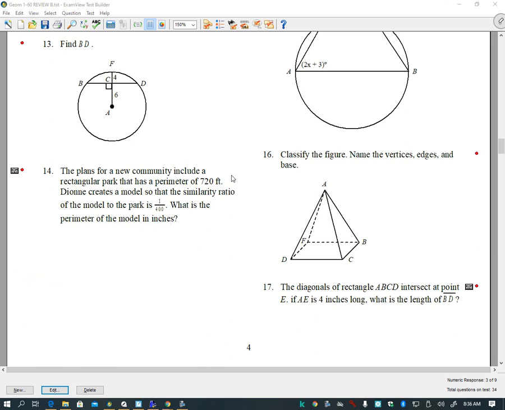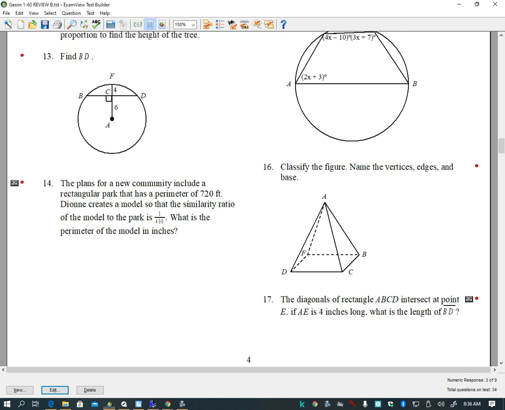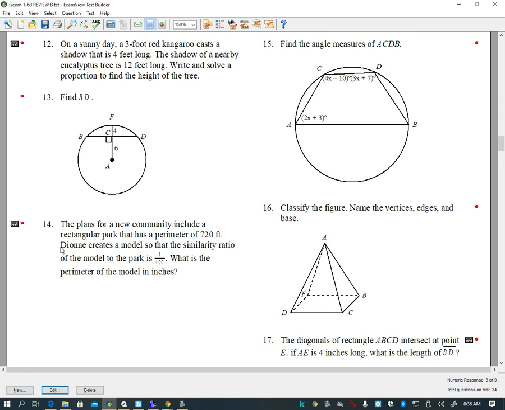Okay. Let's move up to 14. 14 says find the angle measures of ACDB. All right. Let me see here. Okay, so there's some ways to look at this. The fact that it's a trapezoidal shape, is that helpful here?